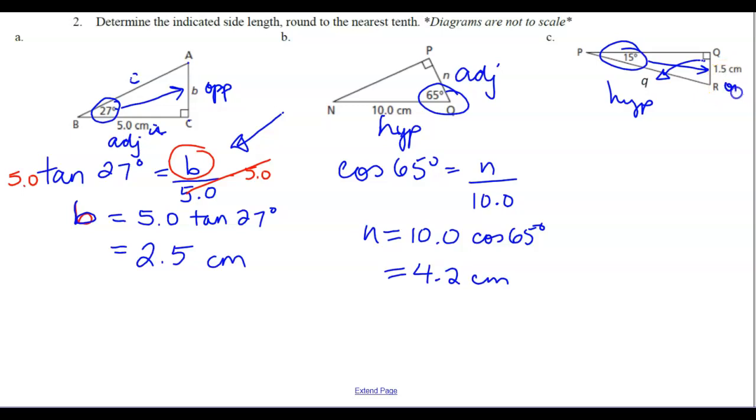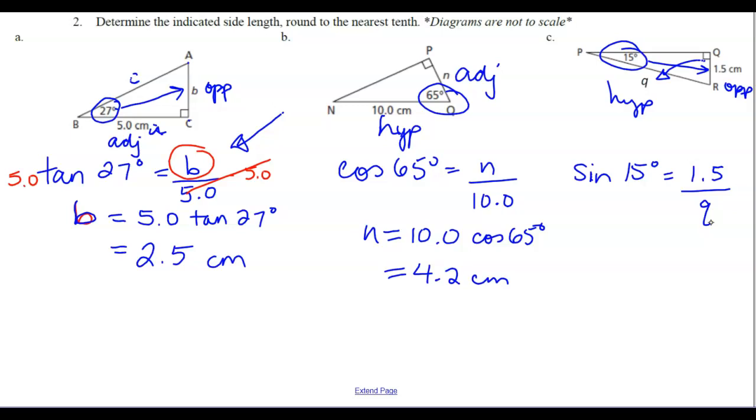So this is opposite. Okay, so opposite and hypotenuse is sine. So sine of 15 degrees is 1.5 over q. Take a look where q is. Q is in the denominator.